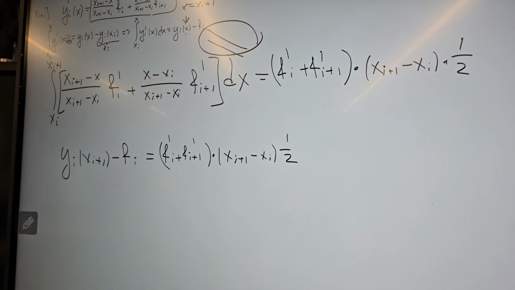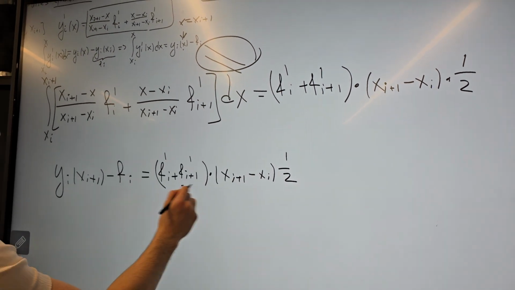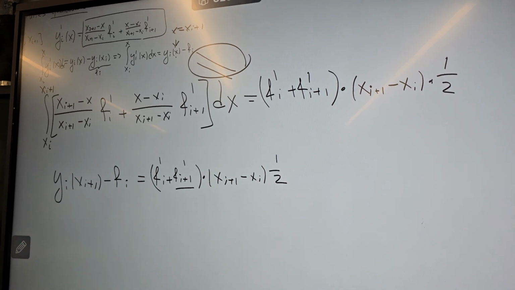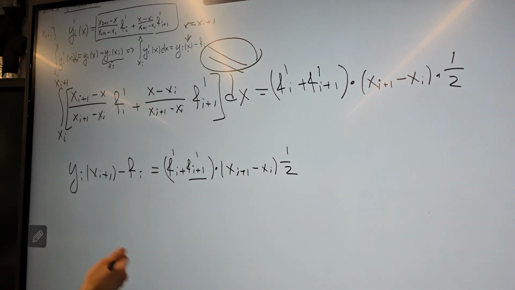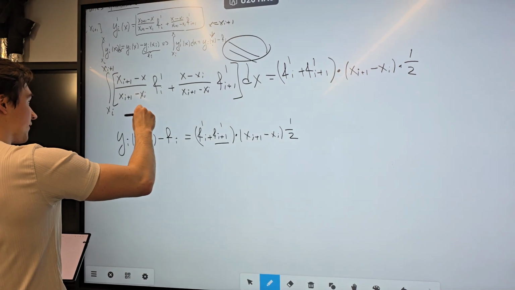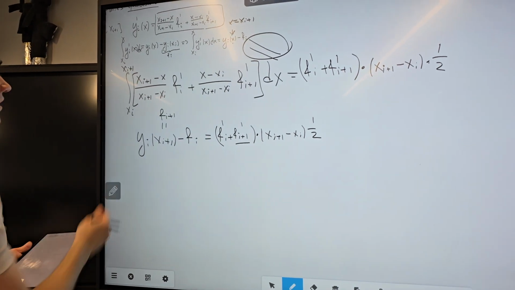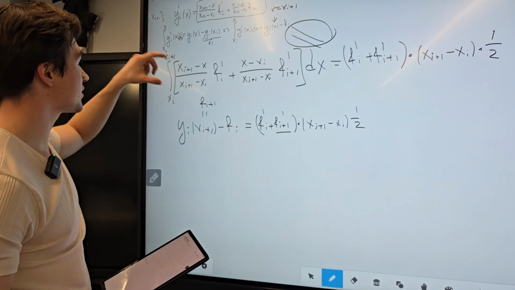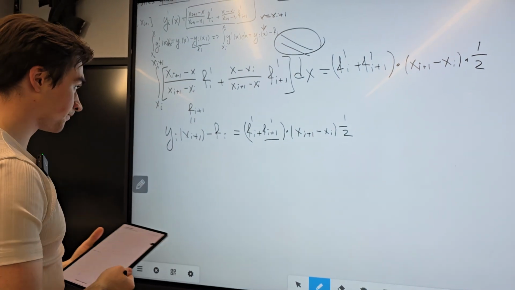And our goal is to find the relation for f_{i+1} prime so that we can use it in the next iteration. And what we get is that y_i at x_{i+1} is just f_{i+1}, because we need our interpolant to go exactly through the points which we set.